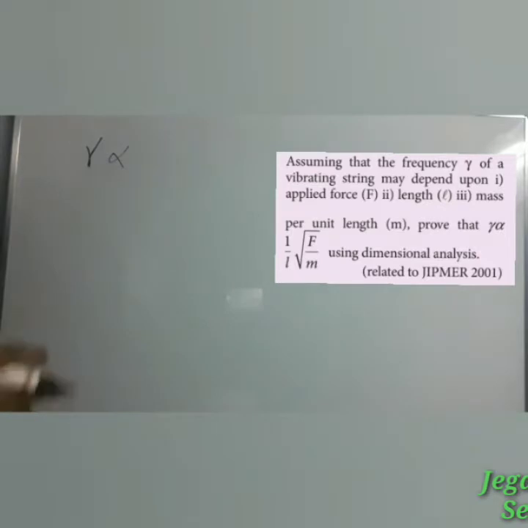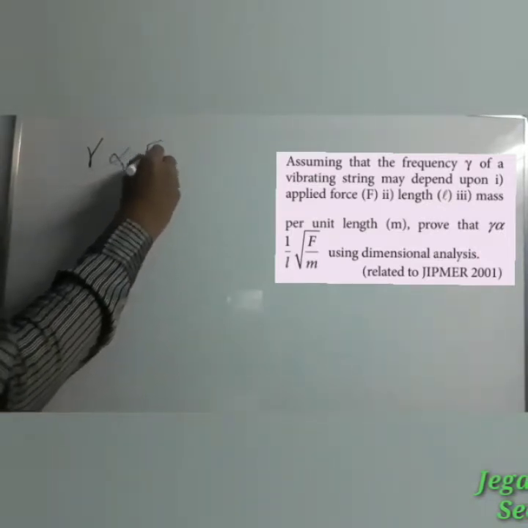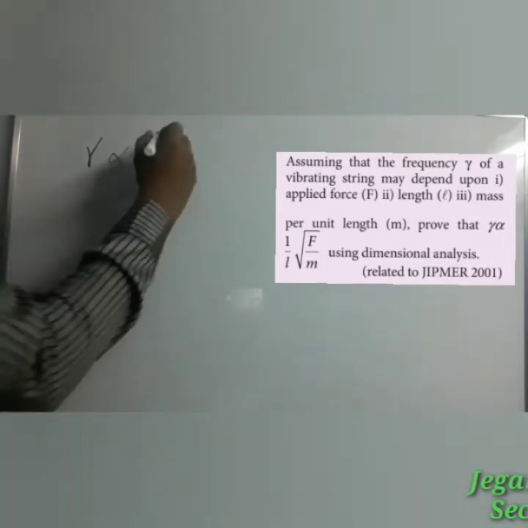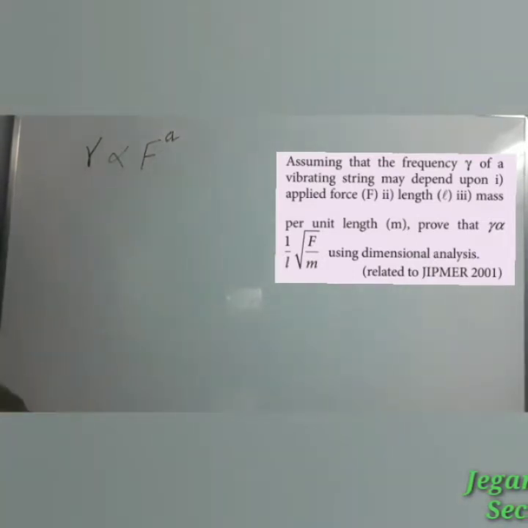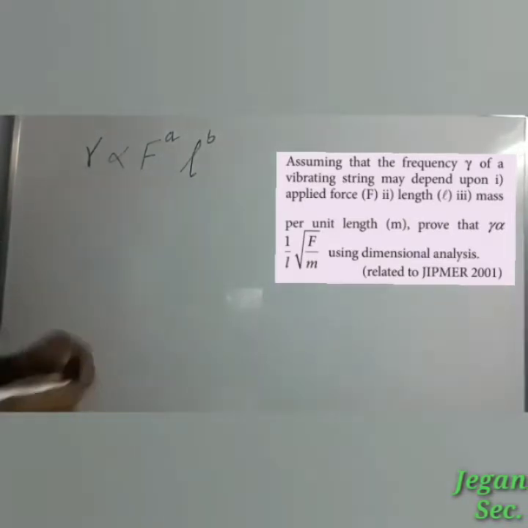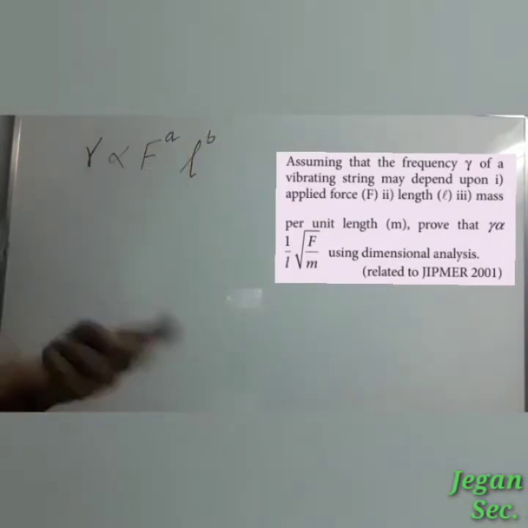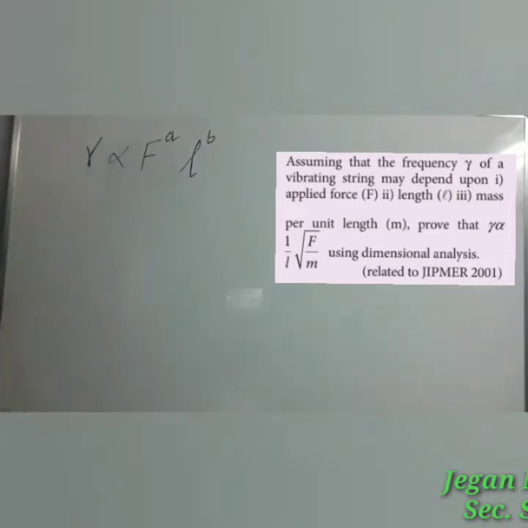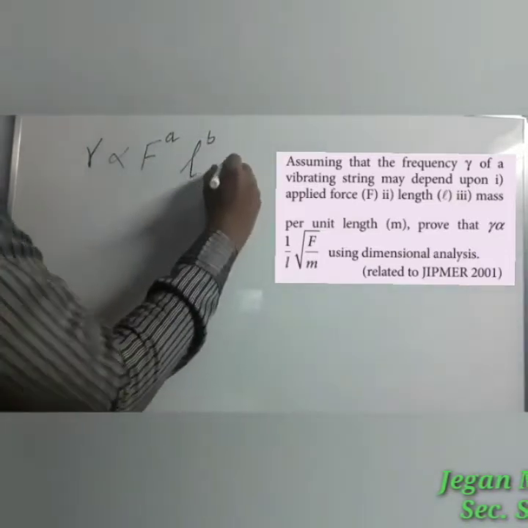Applied force. What is the letter for force? Capital F. That can have the particular dimension, let us take that as A. Next quantity is length. For length we can use this letter, and the dimension of length can be B. And the third one, mass per unit length. What is the letter they have given? M.